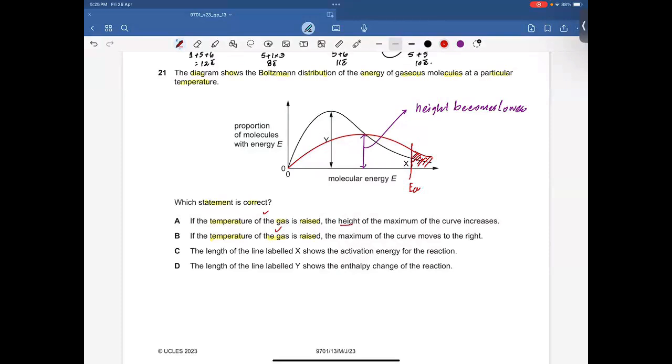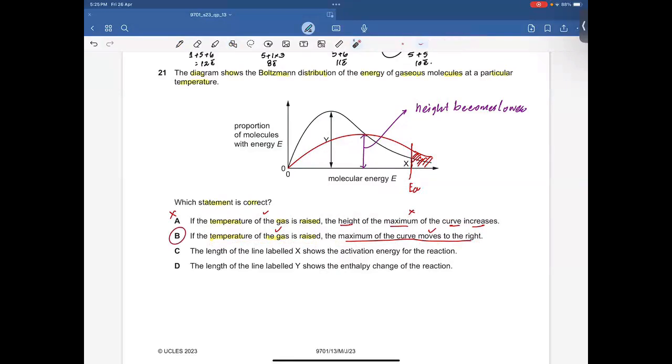So the height of the curve increases? No, the height of the curve is not going to increase. It has to decrease. So that option is incorrect. If the temperature of the gas is raised, the maximum of the curve moves towards the right-hand side. That's the right statement. So I believe B is going to be the right answer.